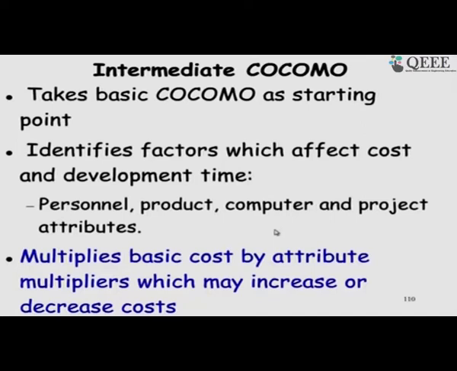Unlike COCOMO 2, where we will see that the adjustment is slightly more complex, here it is a simple multiplication. So, it multiplies the basic cost by the attribute multiplier, which may increase or decrease the cost.